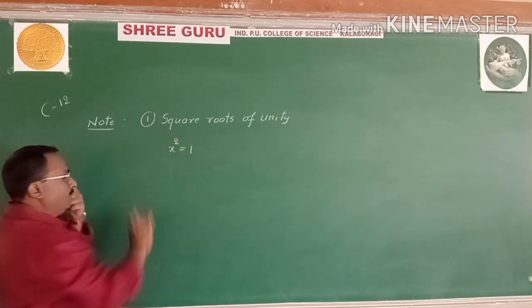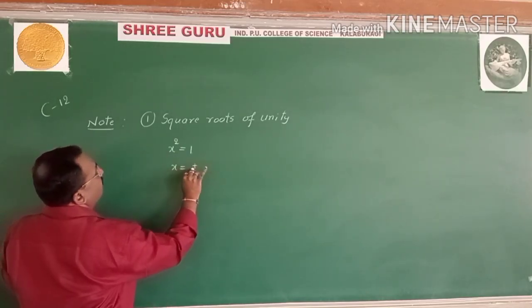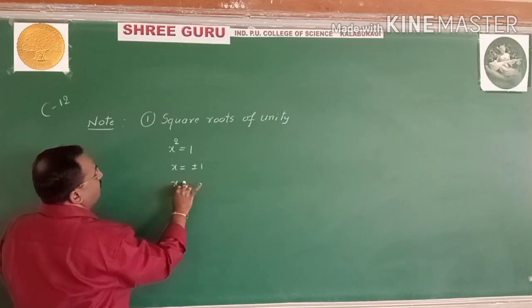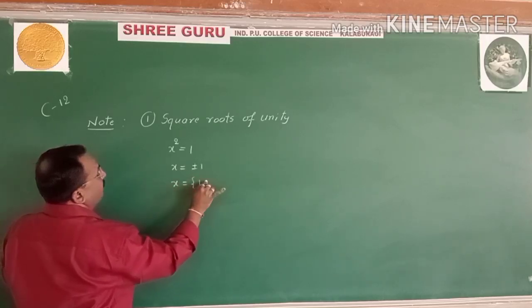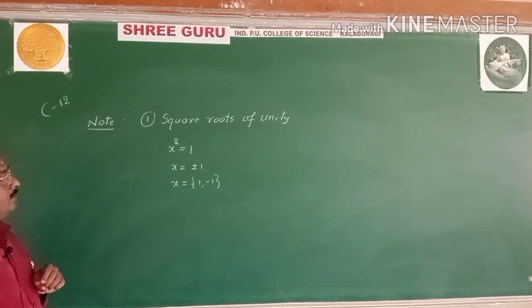Square roots of unity, x is equal to what? Plus or minus 1. X value is what? One value positive, one value negative. This is the values, roots.